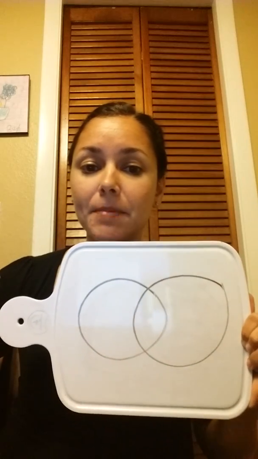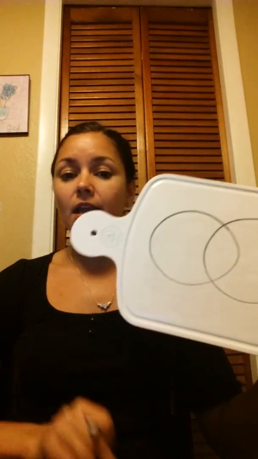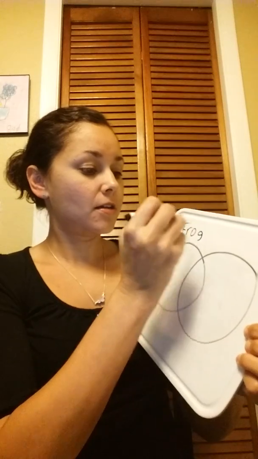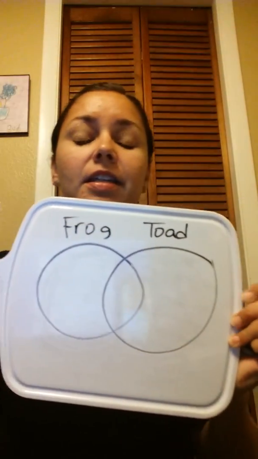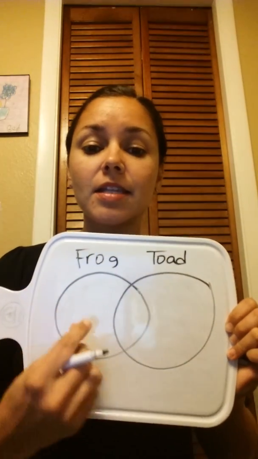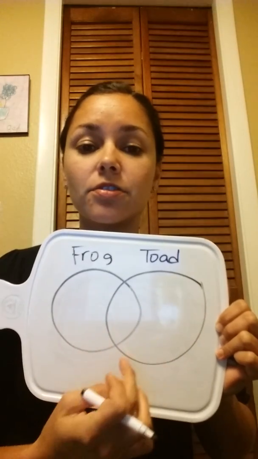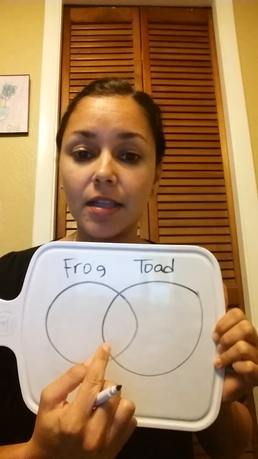So I will explain that because we're going to be comparing and contrasting the two main characters in the story, and the two main characters are Frog and Toad, that's the name of what we're going to put on each side of the circle. So we will put Frog over here and Toad over here. And again, I will remind them that the things that are different about each other are going to be listed on the outside of the circles, and the things that they have in common, or the same, are going to be put in the middle.